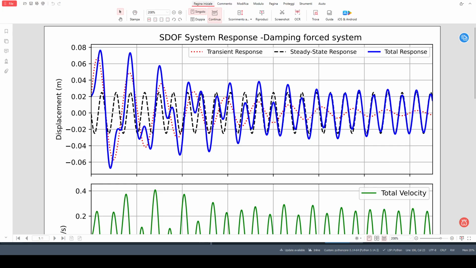Here there is the displacement. We can see the transient response, the red line, which becomes less in time, and the steady state response, which is constant in time, the black line. The total response, the sum of the transient response and the steady response, is the blue line.